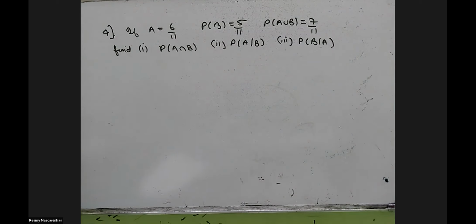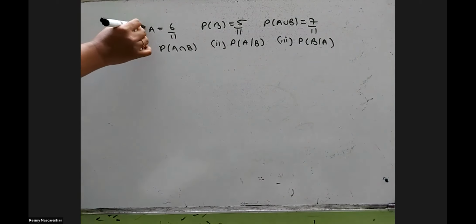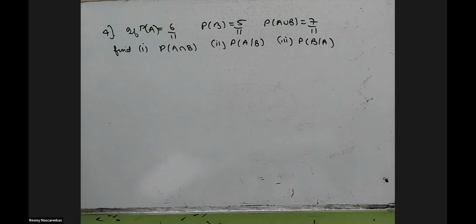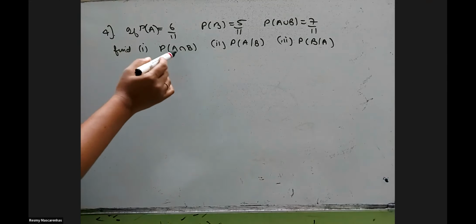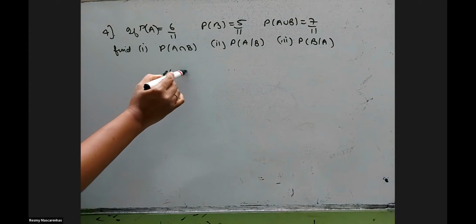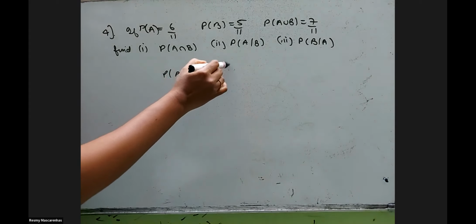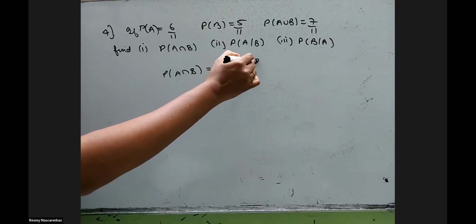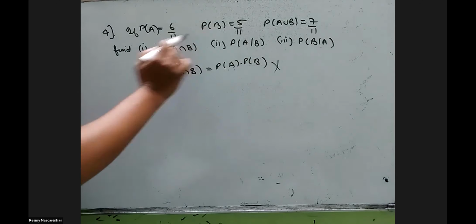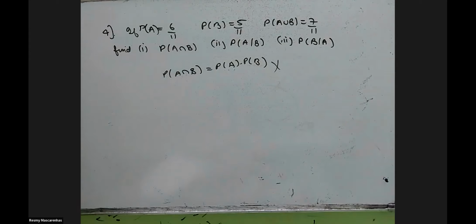First thing I have to find is the intersection. This is P of A. Until and unless specified as independent events, don't use this directly. If you use it like how we had used for independent events, it will be wrong. This is used only if mentioned they are independent events.